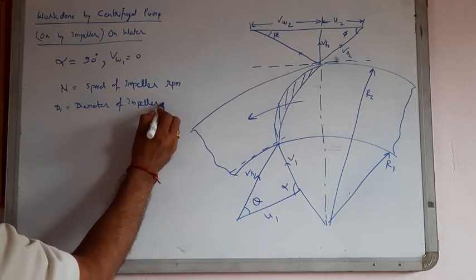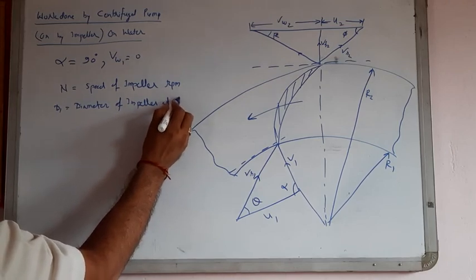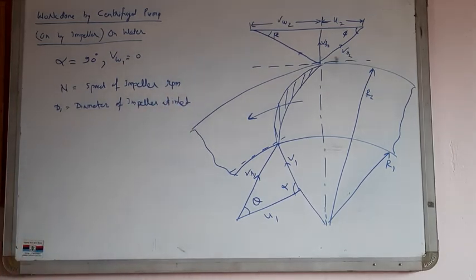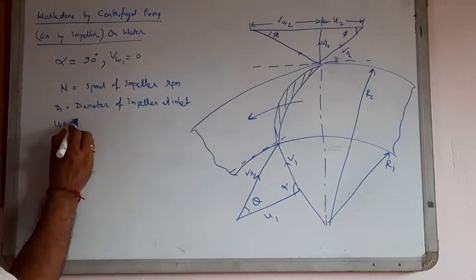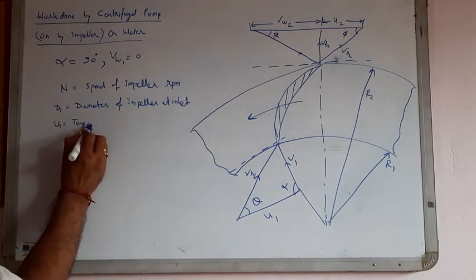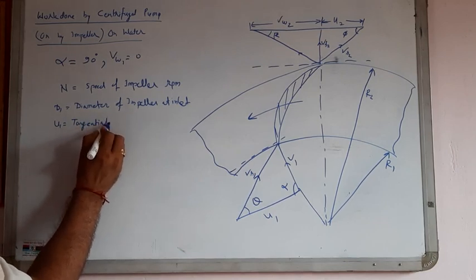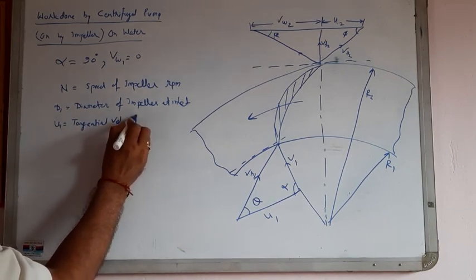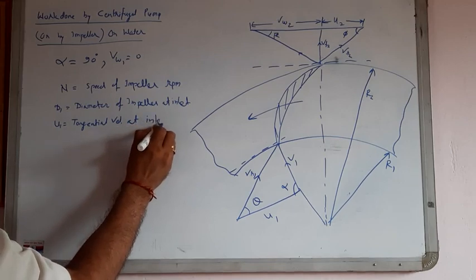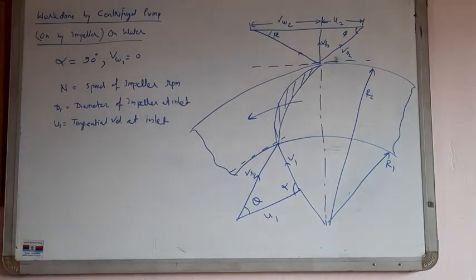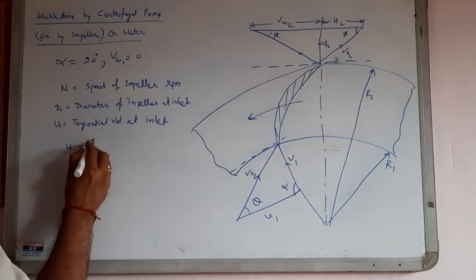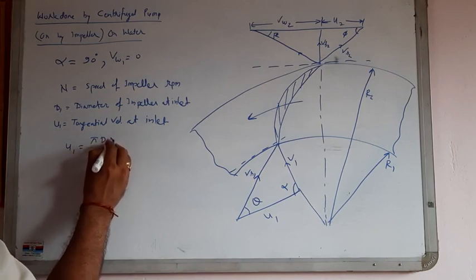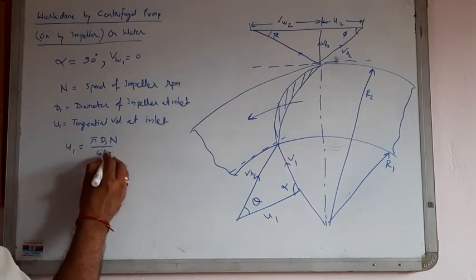U1 is tangential velocity at inlet. So here the value of U1 equal to pi D1 N by 60.